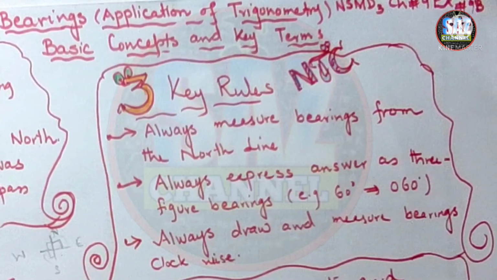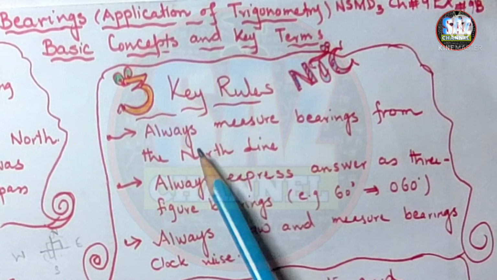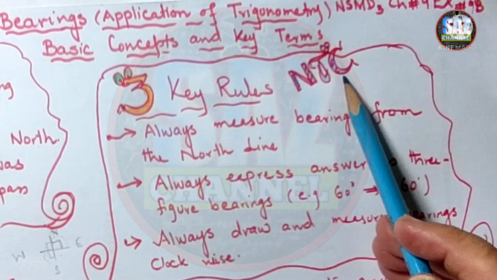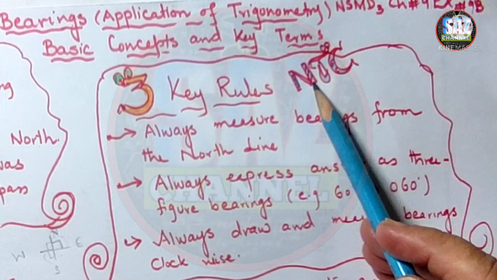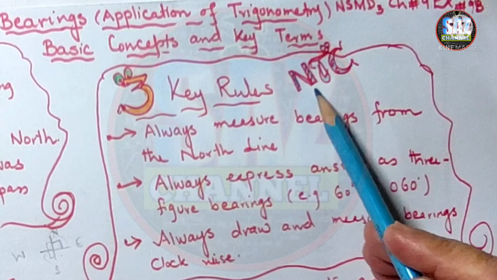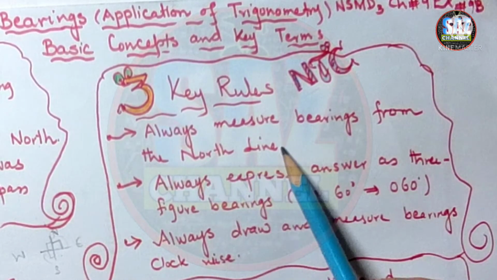Three main points on how to find the bearing of any position. There are three key rules that can be memorized by NTC. Now let's try to understand what this NTC can be. N means north. Always measure bearing from the north line.